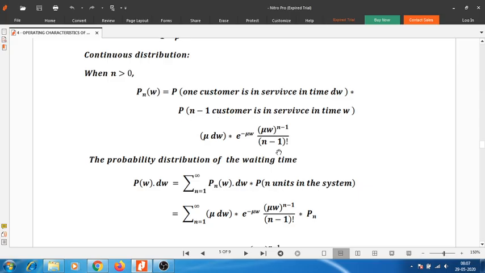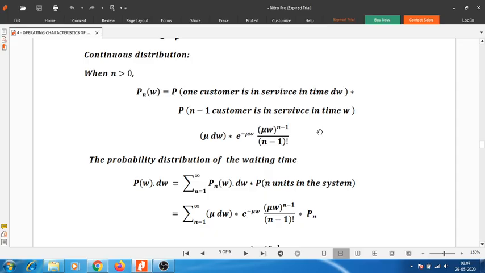Okay, so that will be a Poisson process. What could it be? E power minus mu t, and instead of t we can write W, into mu t whole power n minus 1, by n minus 1 factorial. You know the arrival process. What is the arrival process?